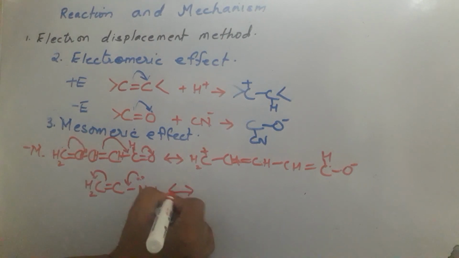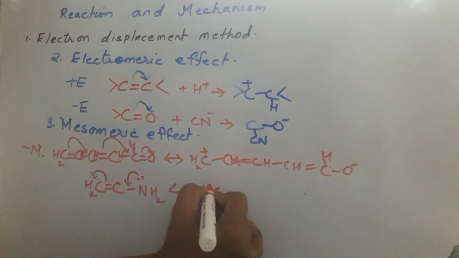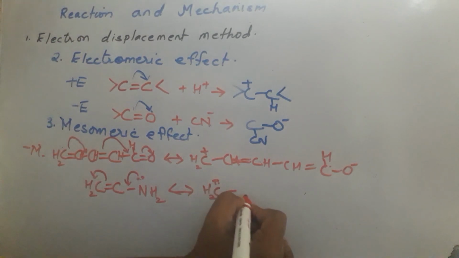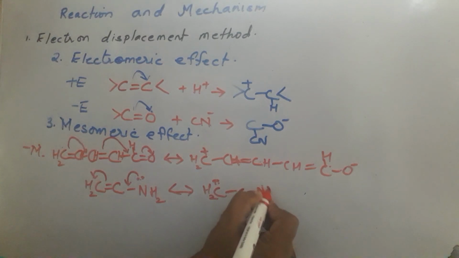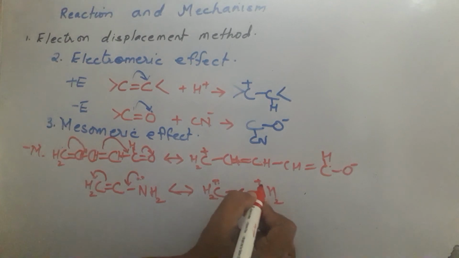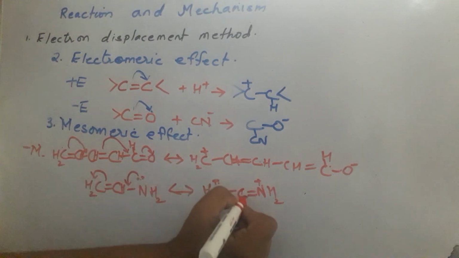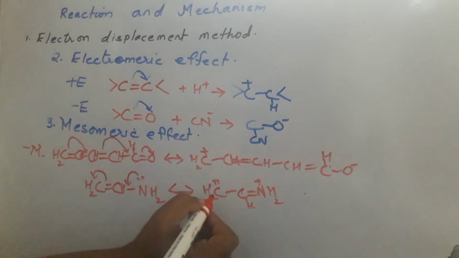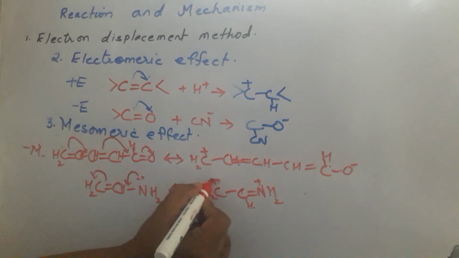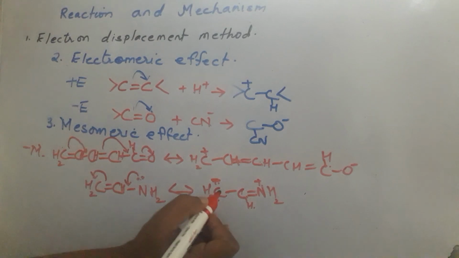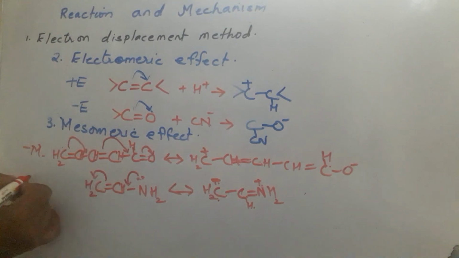So the structure is CH2 with a negative charge, because the electron is now on the carbon, then single bond, carbon, double bond, NH2 with a positive charge. You can see a negative charge developed on the carbon. This type of mesomeric effect is called the plus M effect.